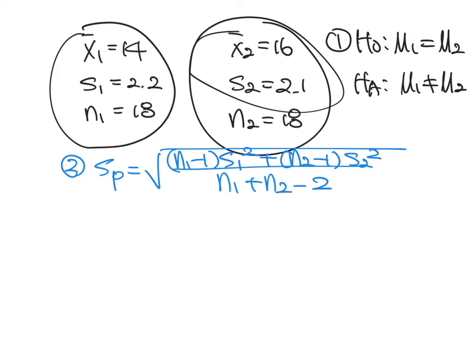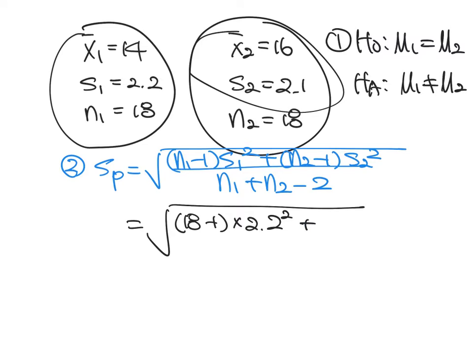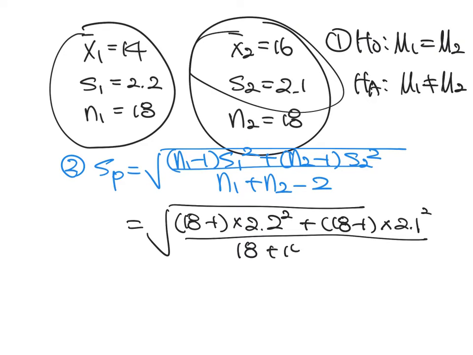So now it will be 18 minus 1, that is 17, times 2.2 square, plus another 18 minus 1 times 2.1 square, over 18 plus 18 minus 2.